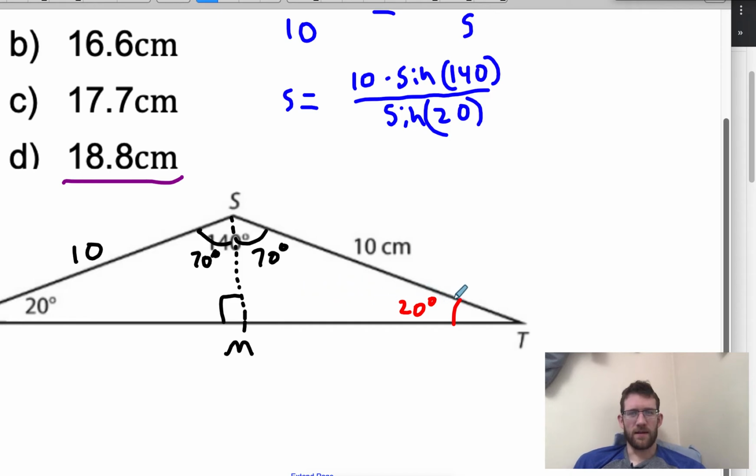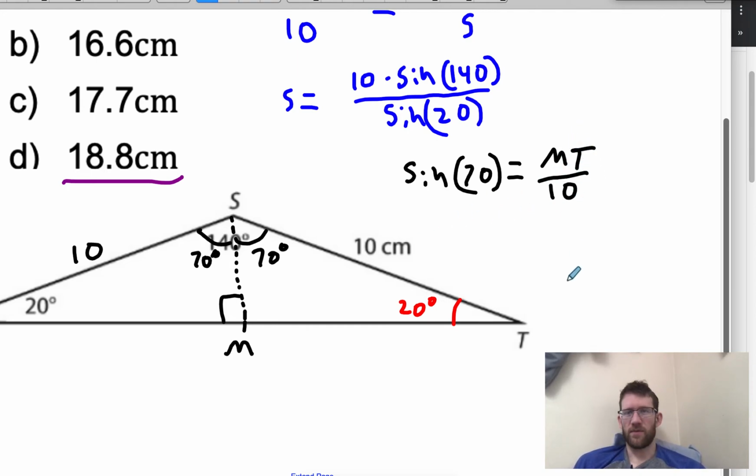If I use this 20 degree angle, I could use the cosine because that's adjacent over hypotenuse, or I could use the 70 degree angle and do, say, sine. So I know, for example, the sine of angle S, or the sine of 70 degrees, is equal to opposite over hypotenuse, in this case MT over 10.